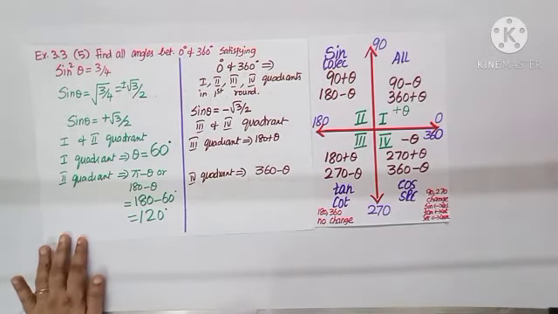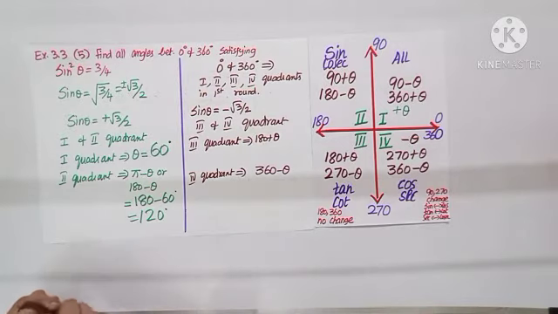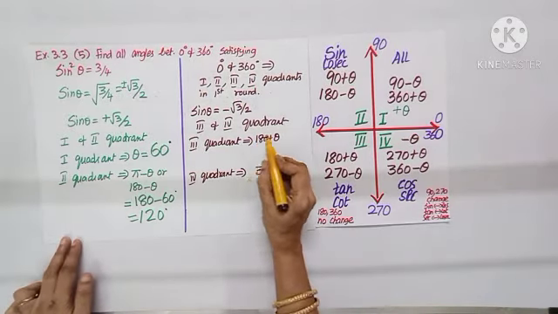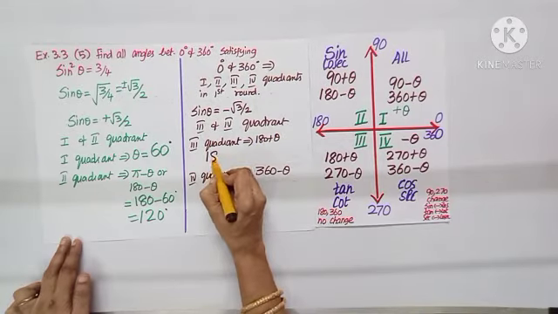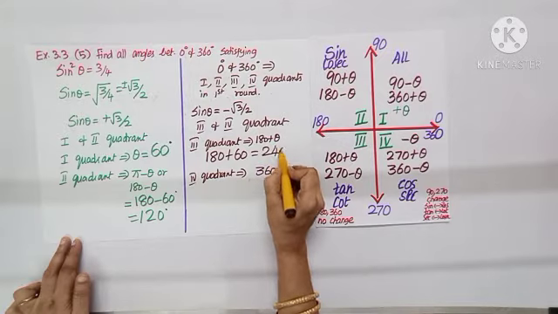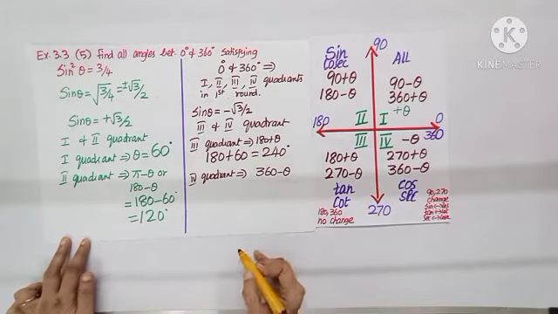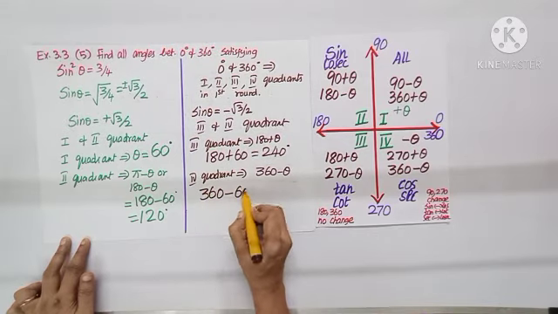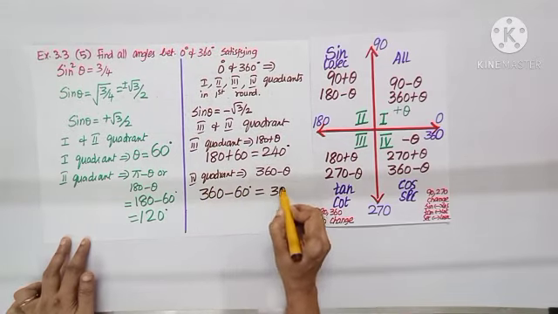When I come up to third quadrant, sin theta negative, my answer is 180 plus theta. 180 plus 60, that is 240. Up to fourth quadrant, 360 minus theta. 360 minus 60 gives me 300.